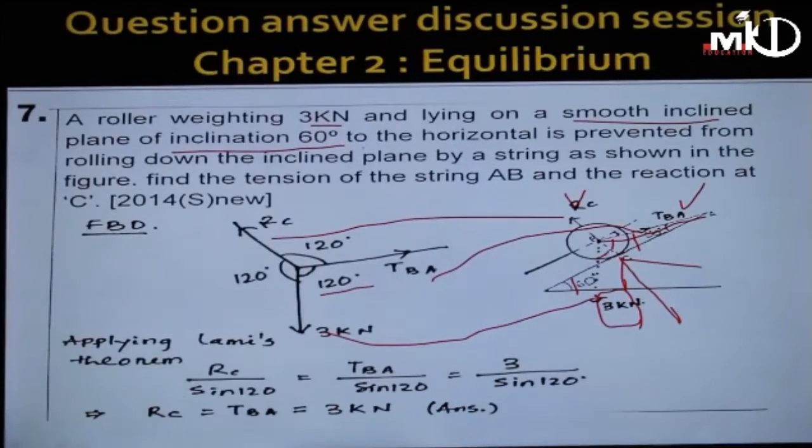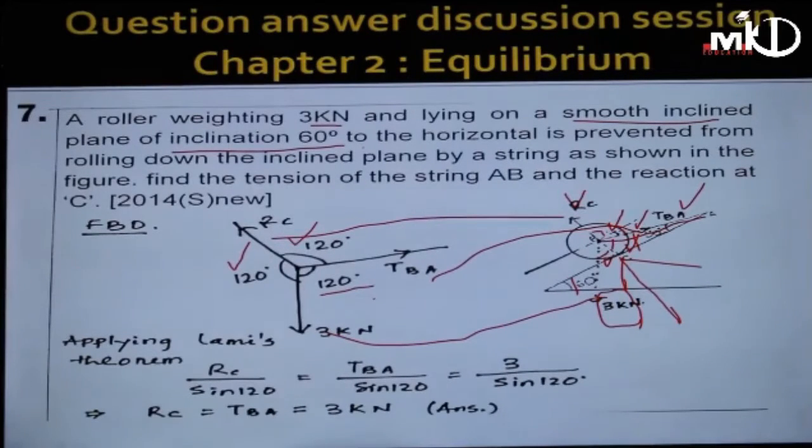This angle is 60, and this angle is also 60 because this is 30 degree. And again this is 90 degree. If this is 30, then 90 plus 30 is 120. So 120, 120, that is 240, and the rest is 120.